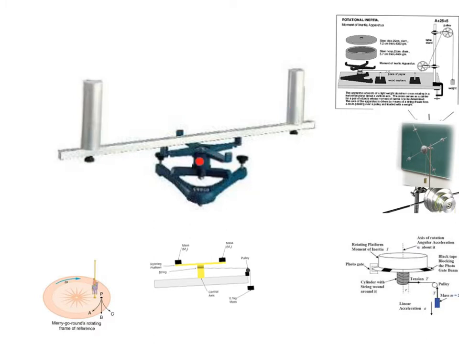So we can wrap the string around here, go over a pulley, have it fall, and this whole bar and mass arrangement will spin. This will show up, I think, in this assignment and in next week's assignment. So just so you have a good sense, because you're not in class to actually see these things, get the best sense you can of what these apparatuses actually look like.